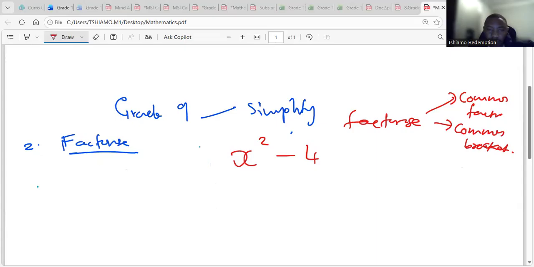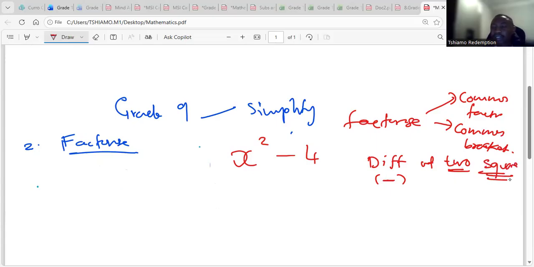We're going to do what we call difference of two squares. So the word difference means negative. Remember, from your word problems, when you hear the word difference, it's a negative. Difference of two squares: the terms must be two terms, and they need to be squares.